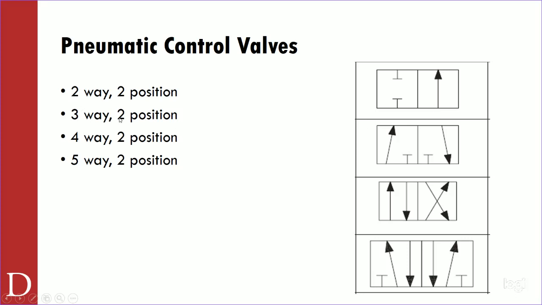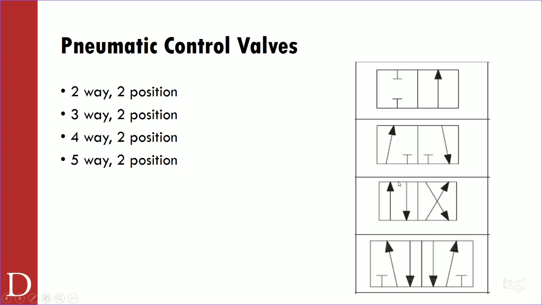Then you get into a 3-way 2 position. There's still 2 blocks. There's a block on the left and a block on the right. But what do you notice about the number of ports? There are 3 ports, 3 different routes in which air can enter that position, right? So we call that a 3-way 2 position. If I go down a little further, this is one of our most common right here. This is a 4-way 2 position.